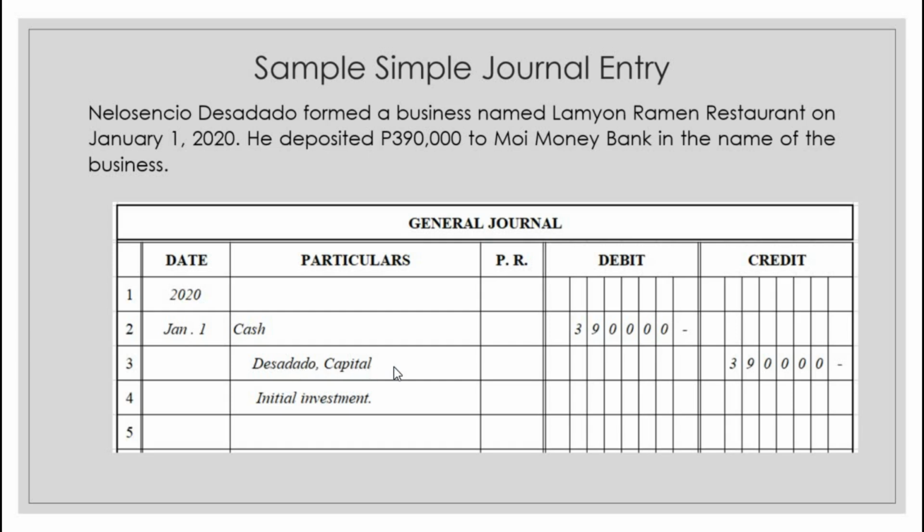Since capital account has a normal balance of credit, to reflect its increase, the capital account should also be credited. Then we have here a brief explanation of what happened. So again, this is a simple journal entry, because you only have one debit and one credit.